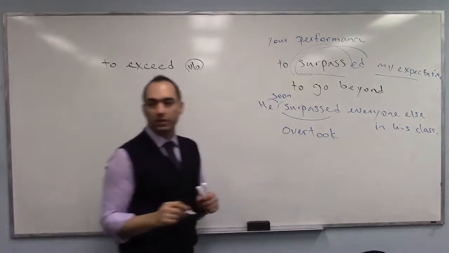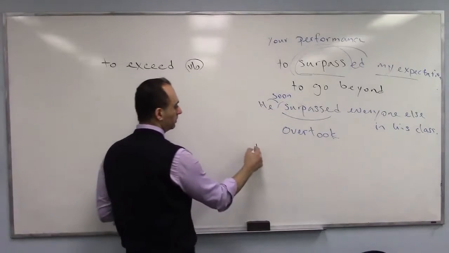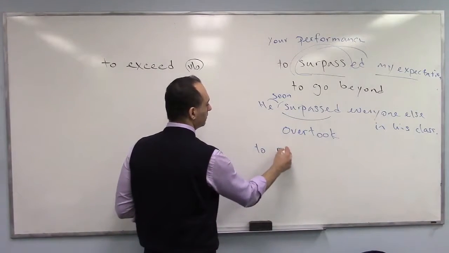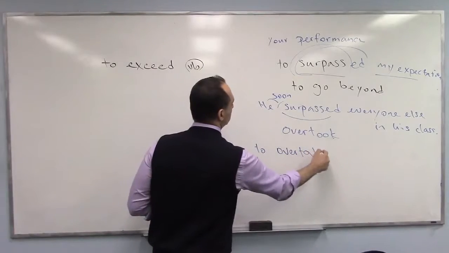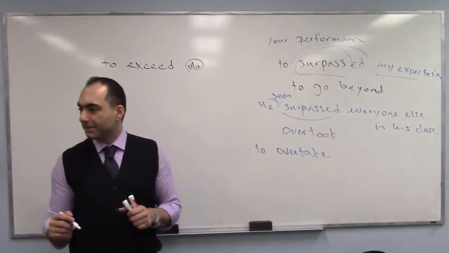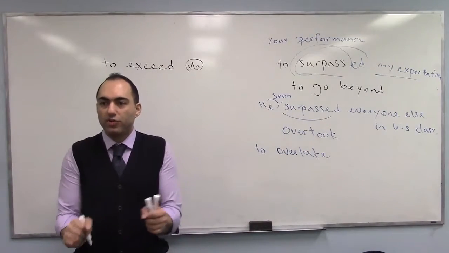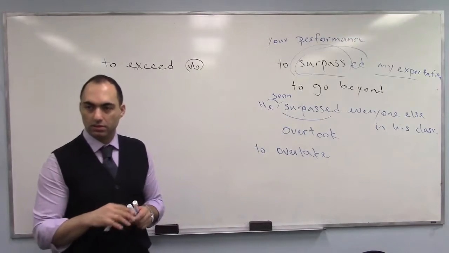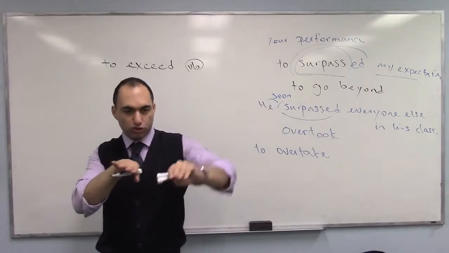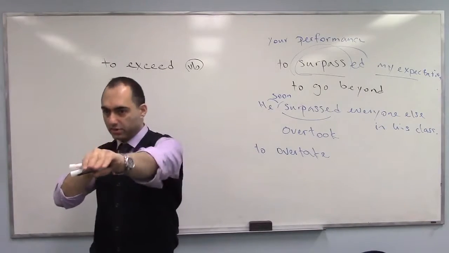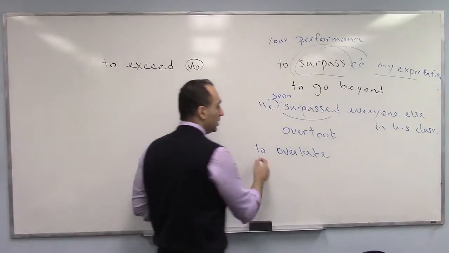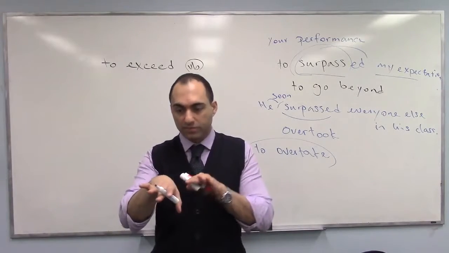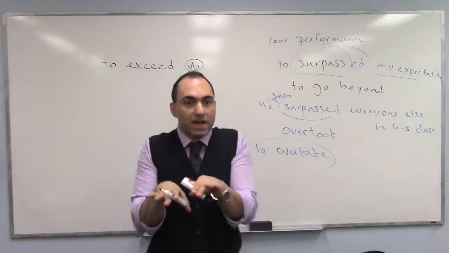You know, to overtake. What is to overtake? When you're driving, and you overtake another car, what does that mean? You pass. Yeah? So you pass another car, so you overtake it. So you can overtake other students. That is, you do better than them.